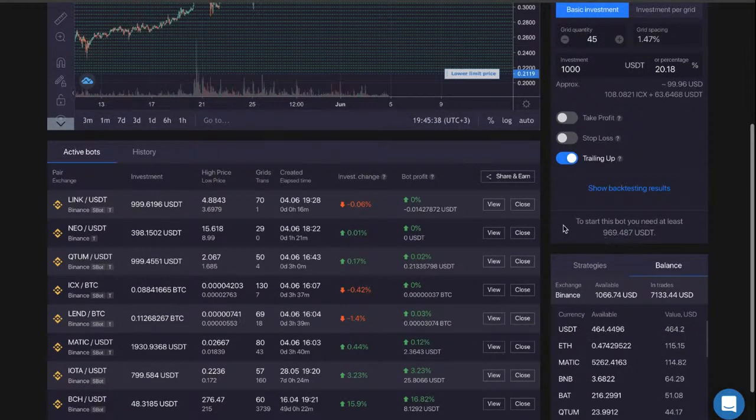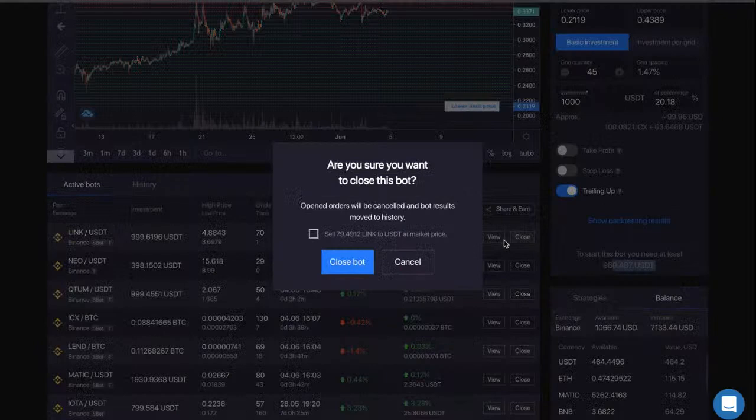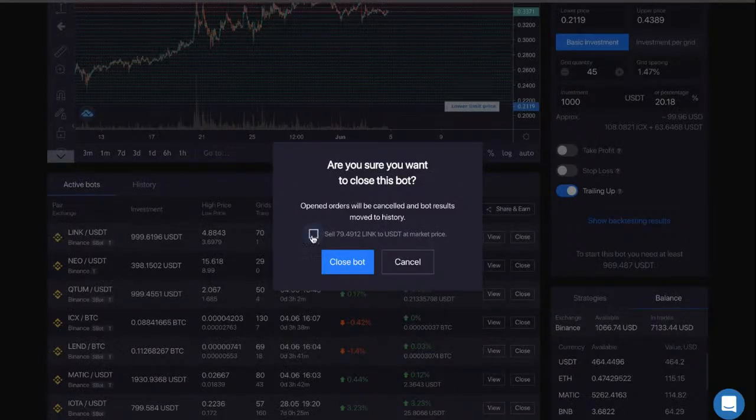Yeah, the reason why I'm not able to initiate the bot is because I don't have on my balance currently enough of the USDT. So let's say I close my link. By the way, when you close the active trade, you can click on the box to sell all of your left base currency in this trade to USDT.